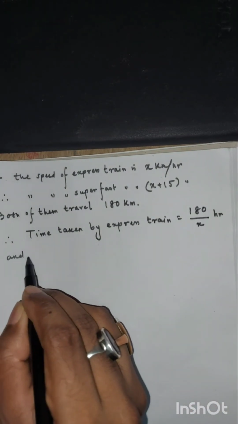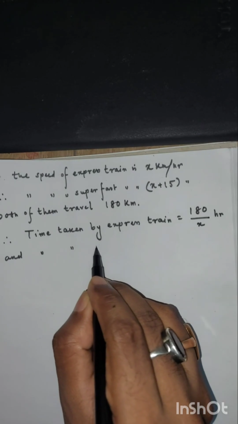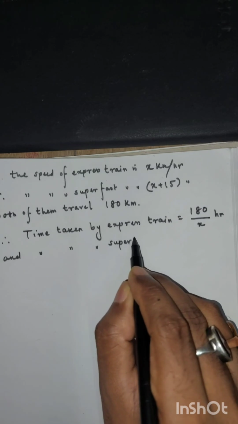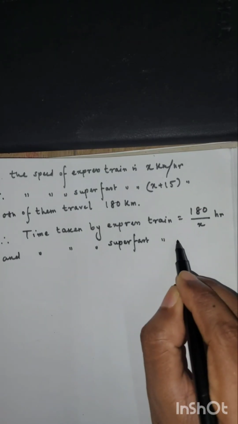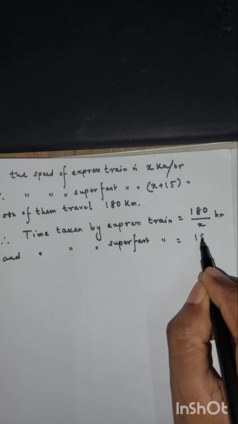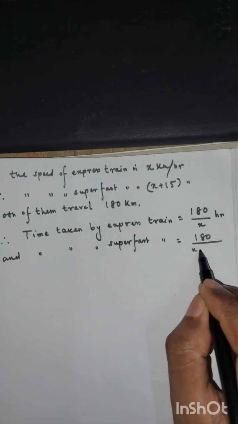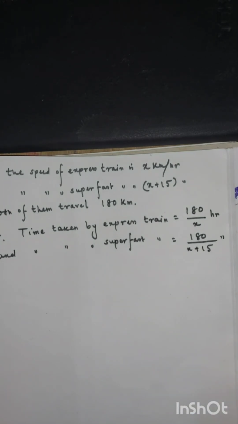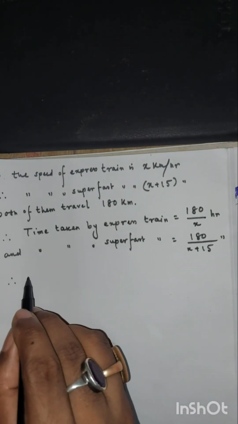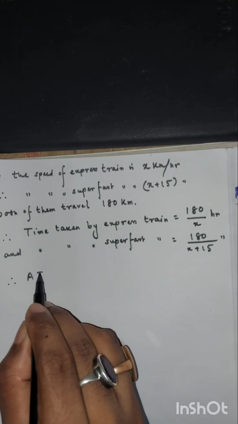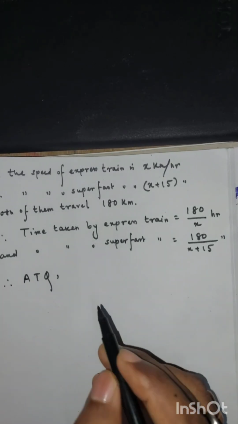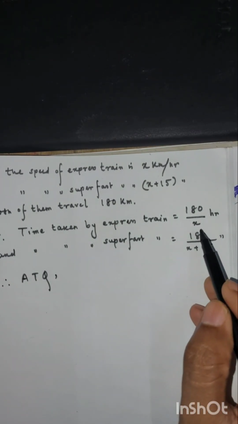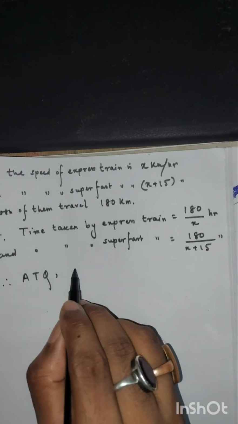And time taken by super fast train equals 180 by x plus 15. Therefore, according to the question, the difference of these two times is 1 hour. The express train takes more time, so it should come first.